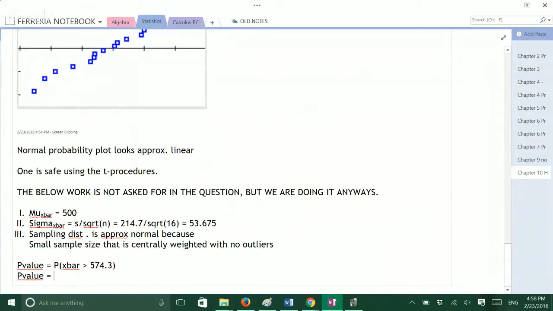And that's going to be the probability that t with 15 degrees of freedom is greater than 574.3 minus 500 divided by 53.6675.